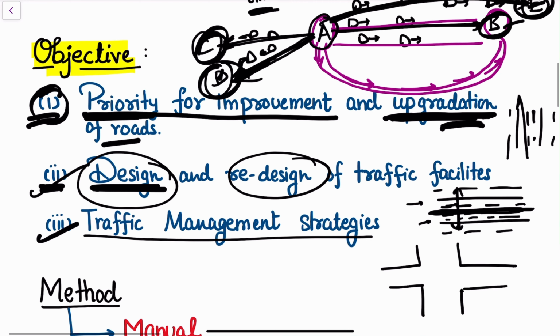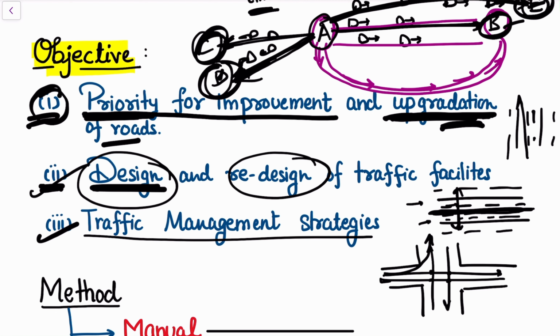At intersections, a lot of vehicles move in both directions, and because of this, a lot of conflict points and accident hotspots are created. So, to minimize those conflict points, hotspots, confusion spots, and time delay, we need to see the behavior of the traffic.